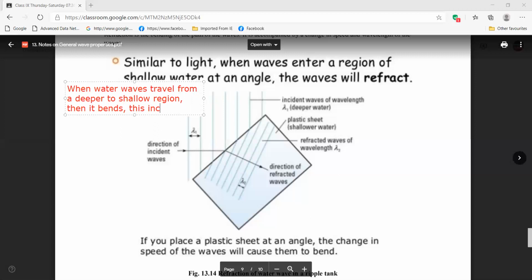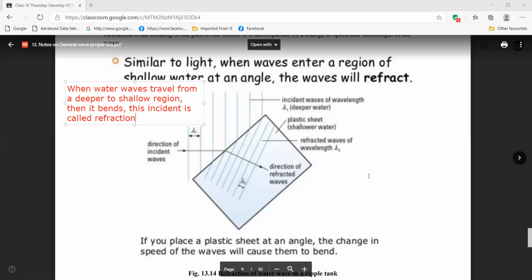This incident is called refraction, right? Yes, sir. This bending is called refraction.